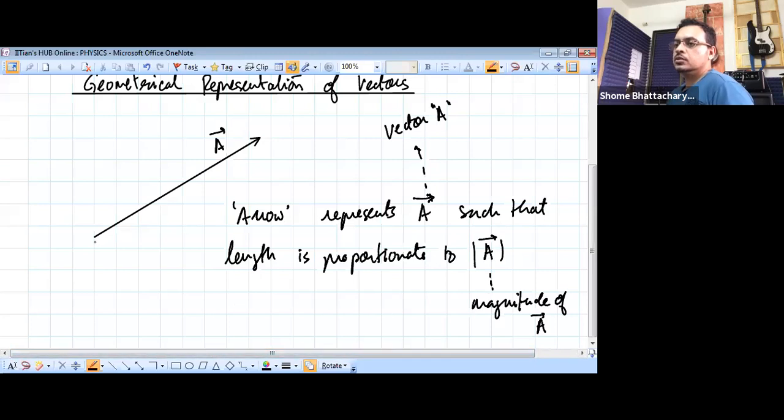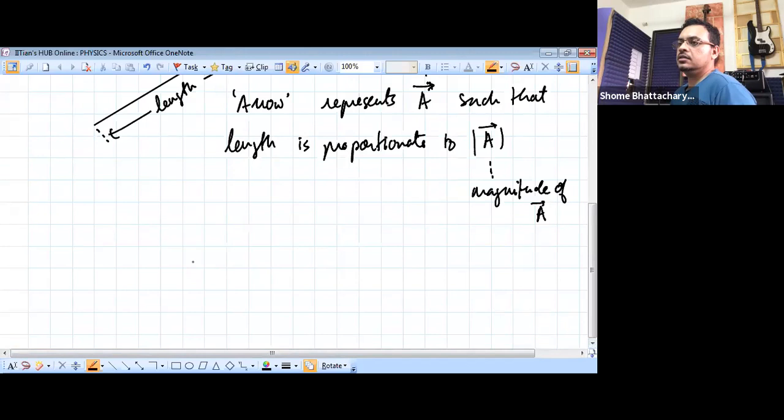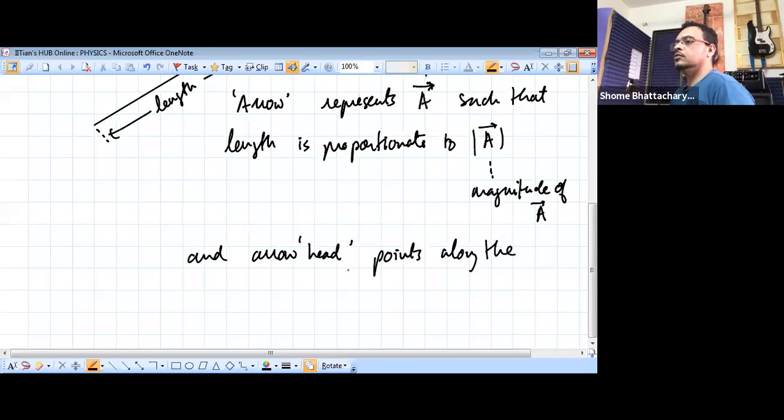Okay. So whatever arrow we use to represent the vector, its length is drawn such that it is proportionate to the magnitude of the vector. And the second thing is that the arrow head points along the direction of the vector.